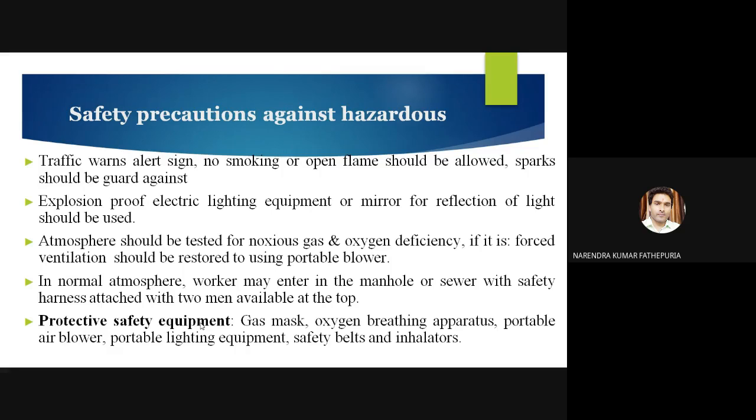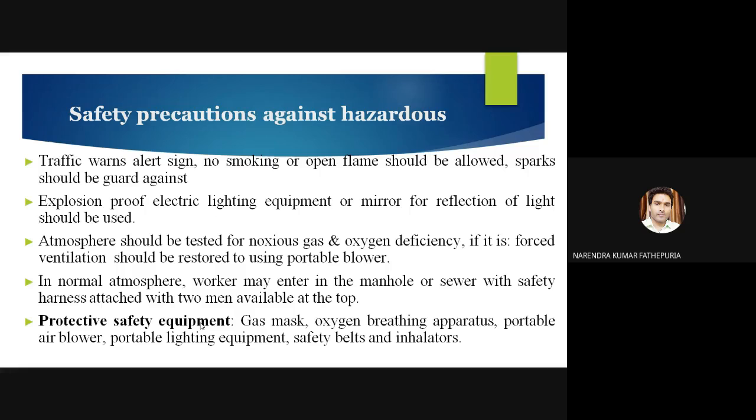We always try to avoid sending a man inside the manhole because a lot of accidents happen and it is not good from the safety point of view. Aesthetically also it does not look good from the humanity point of view. So we always avoid it. We try to go through machines and use some technology for detecting the leakages, right? There are a lot of inspection and leakage detection tests and techniques that we have discussed.